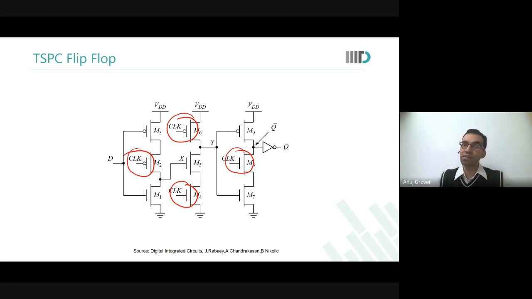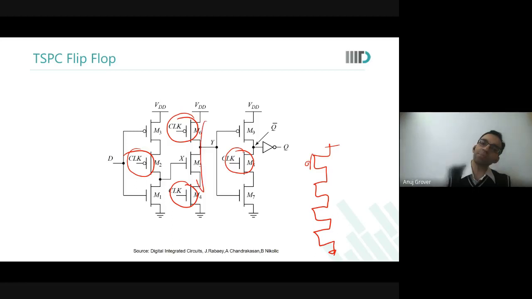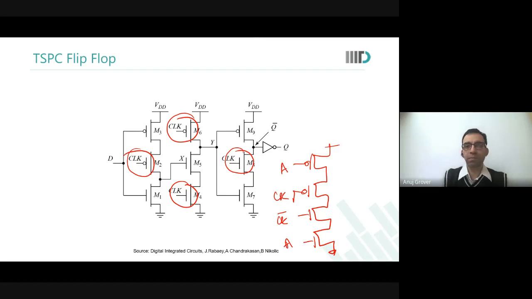But we realized that because the nature of this latch is dynamic, our circuit started to have very high currents, basically short circuit paths when the inputs were randomly changing. So that is what we do not want to happen.